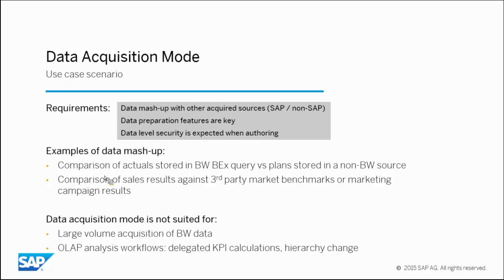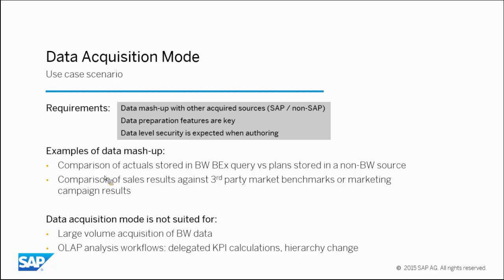Even when you acquire the data to Lumira, you do not need to worry about data level security, because that is respected at refresh time depending on the user credentials with which you are running the query.